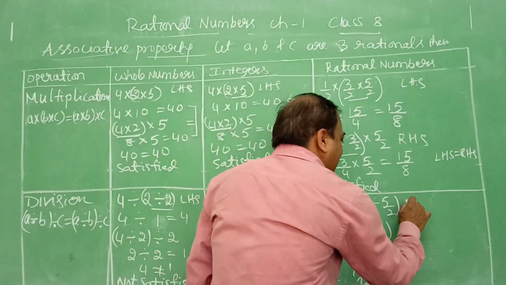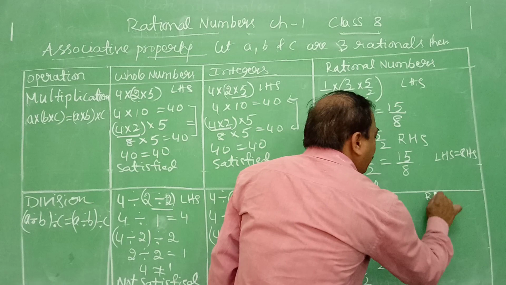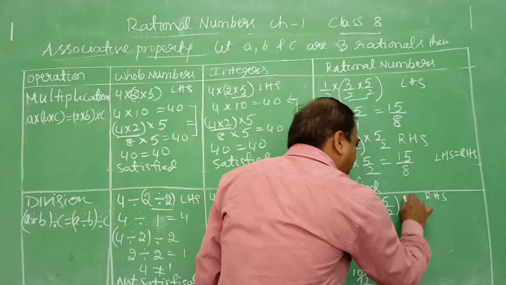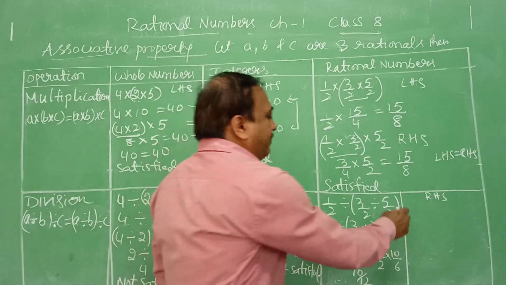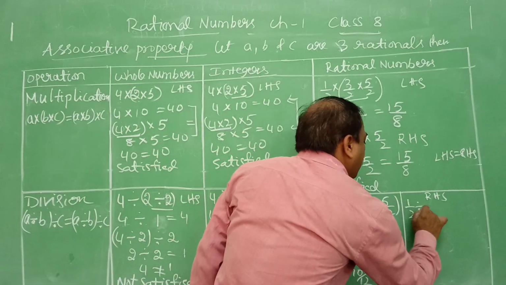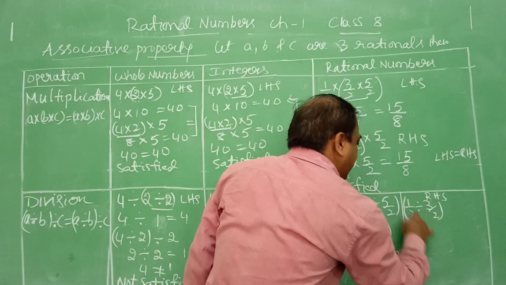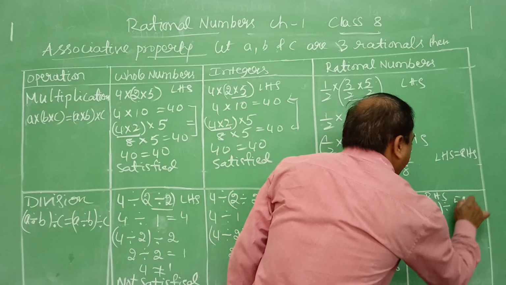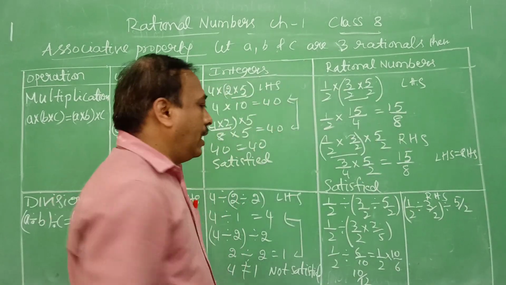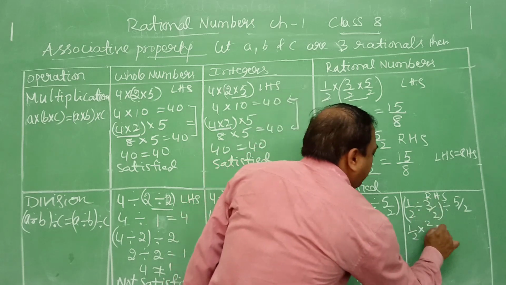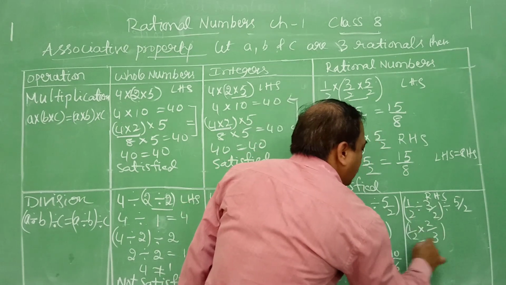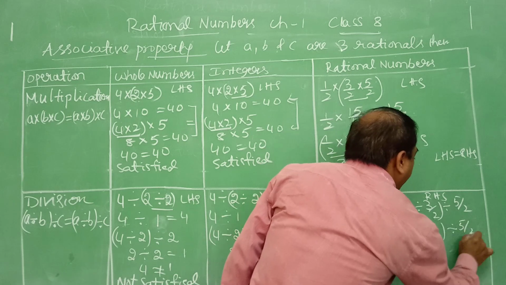Now we are doing the RHS part. In this I am just separating. So RHS part, 1 divided by 2, bracket, 3 by 2, bracket for these two, divided by 5 by 2. Now 1 by 2 into the reciprocal is 2 by 3 divided by 5 by 2.